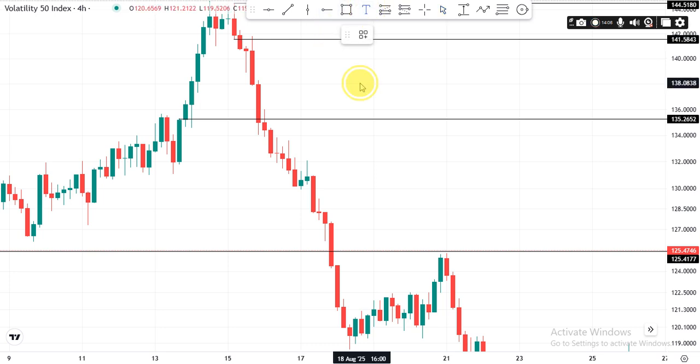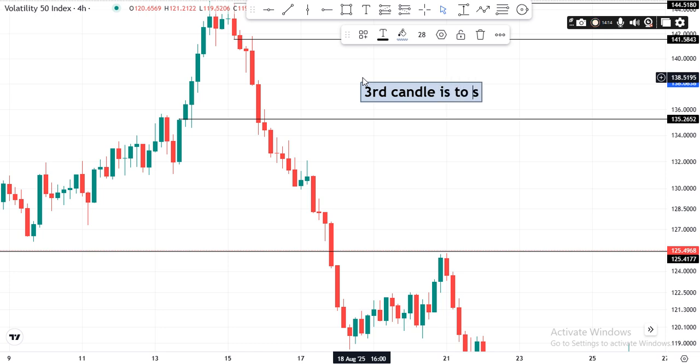So the third candle is to sweep liquidity for its direction.